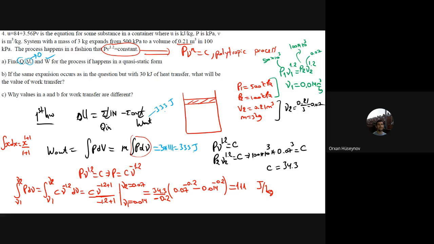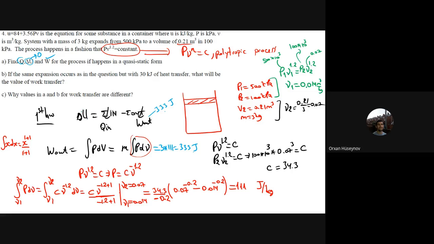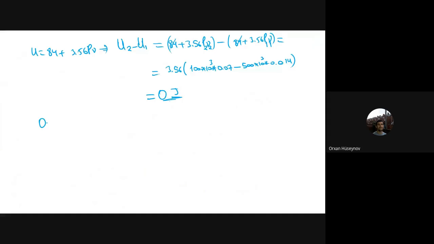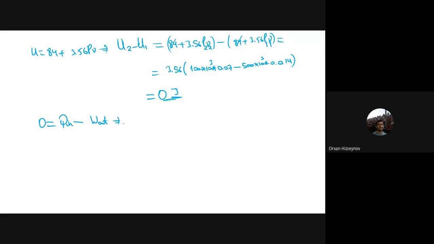This one is joules, actually. So it means that 0 is equal to Q in minus the work out, and from here, Q in is equal to work out, and that is equal to 333 joules.